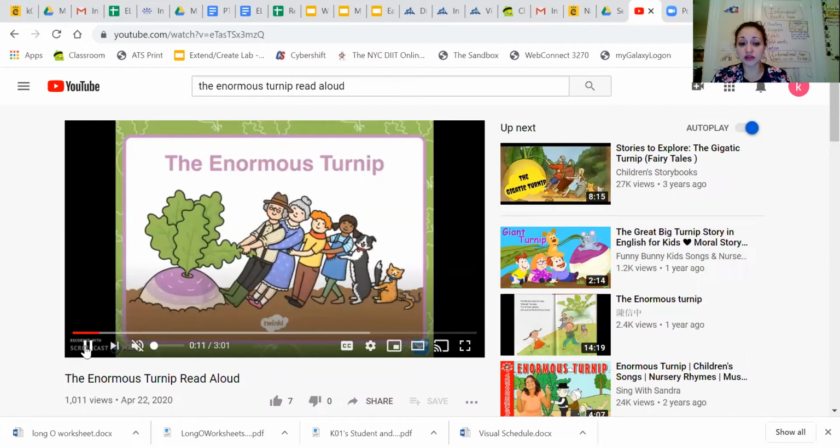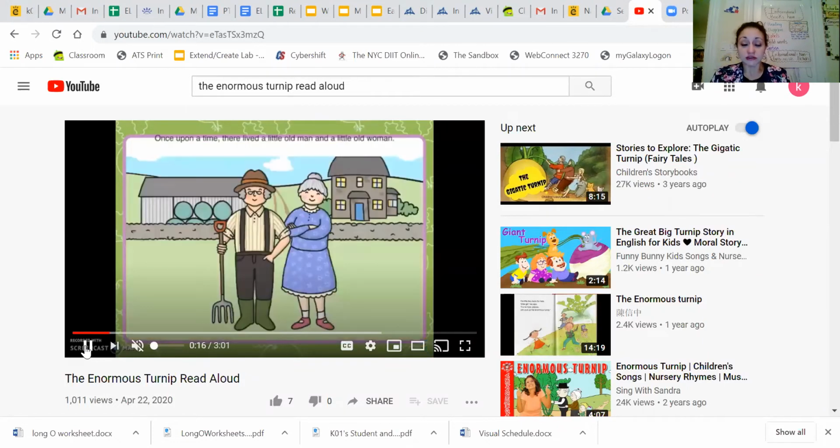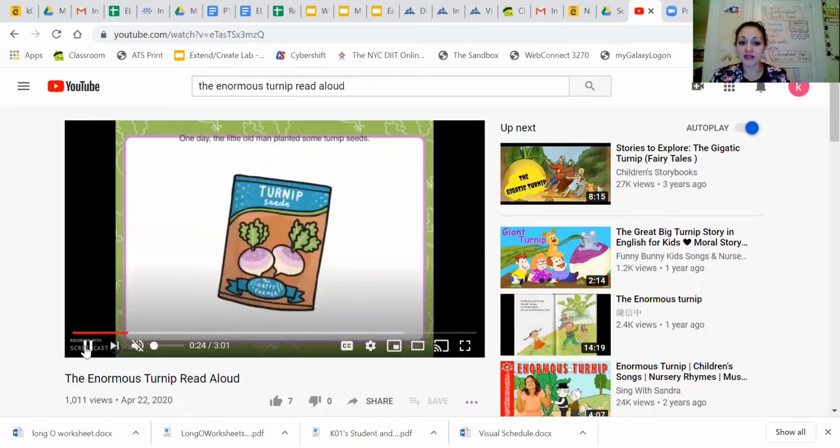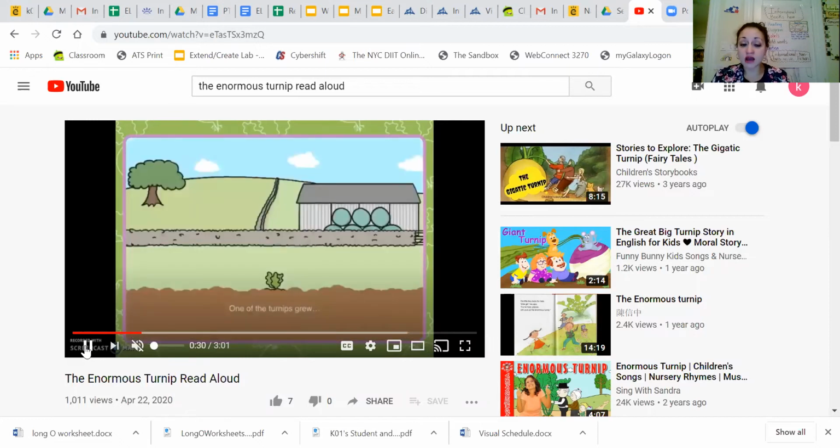I don't know. Looks like this thing is quite big. Once upon a time, there lived a little old man and a little old woman. One day, the little old man planted some turnip seeds. One of the turnips grew.